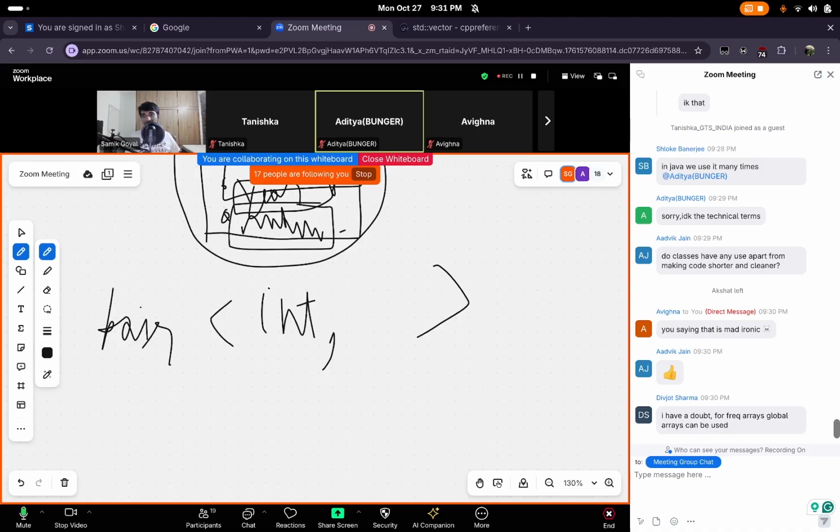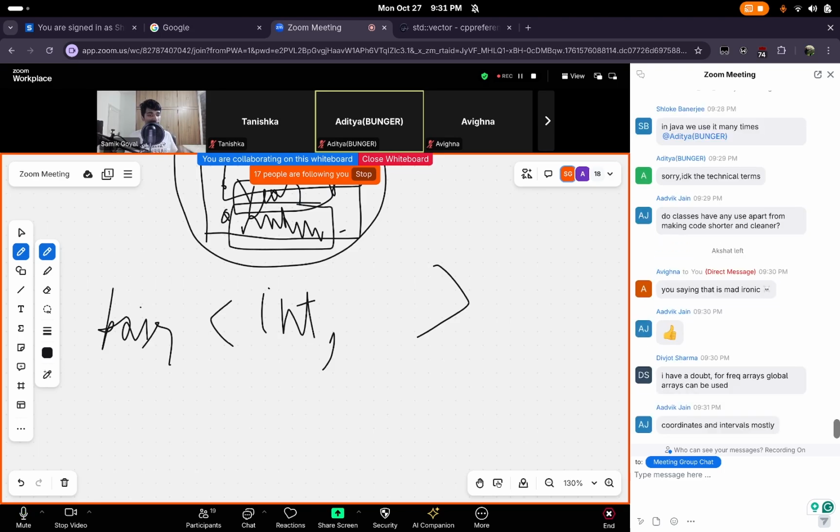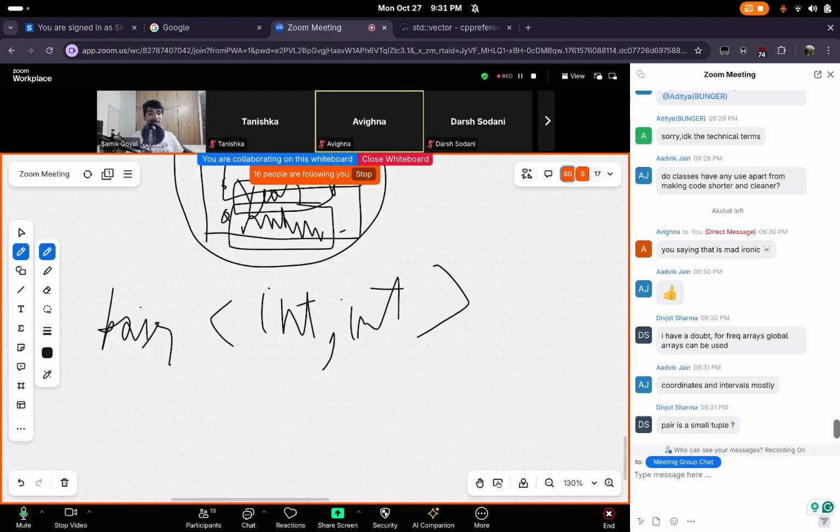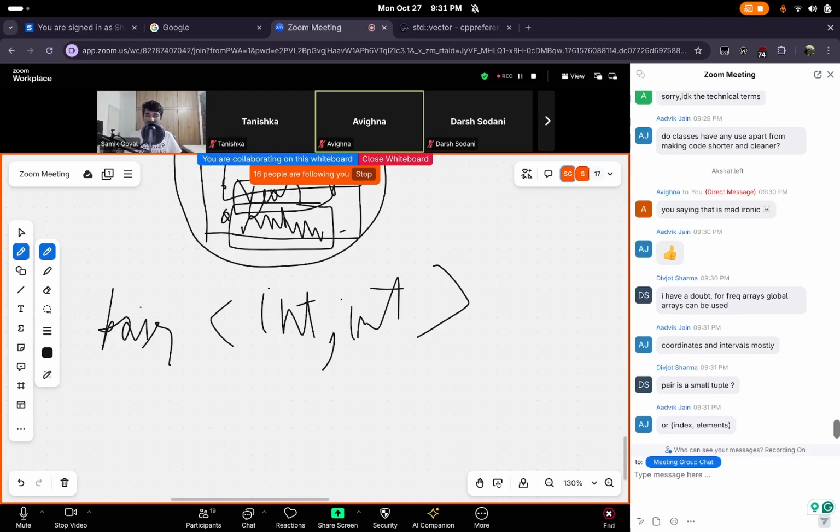For frequency arrays, again, you can use global arrays, but vectors are going to be just as fast and they're going to be much cleaner. And yes, the main use for a pair is a small tuple.